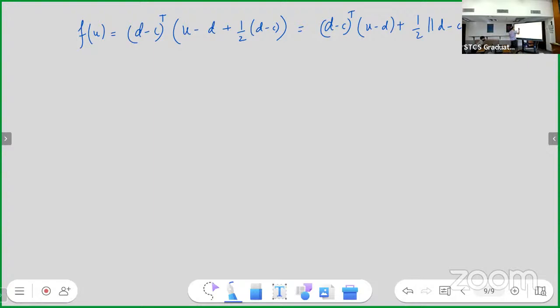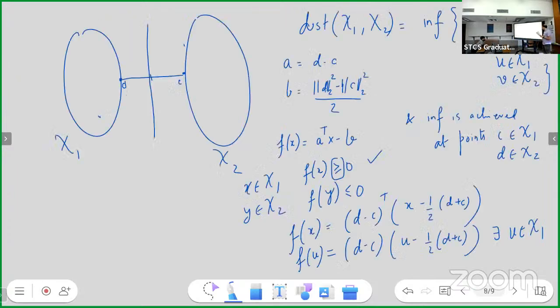So we know that this is true by assumption, so given f of u is less than 0, do we get this? That's the previous equation.